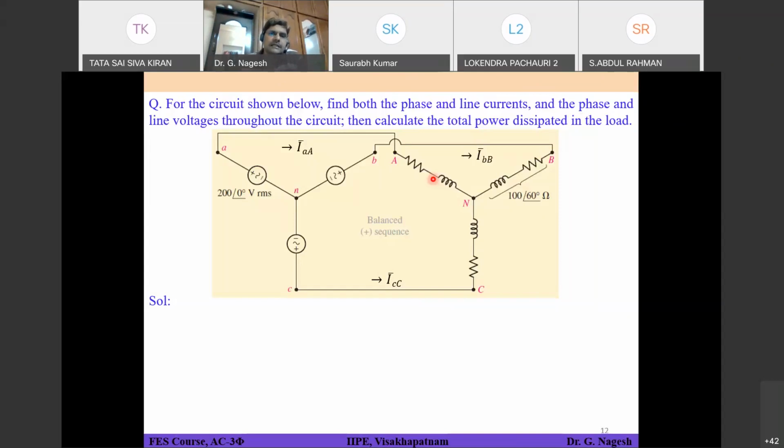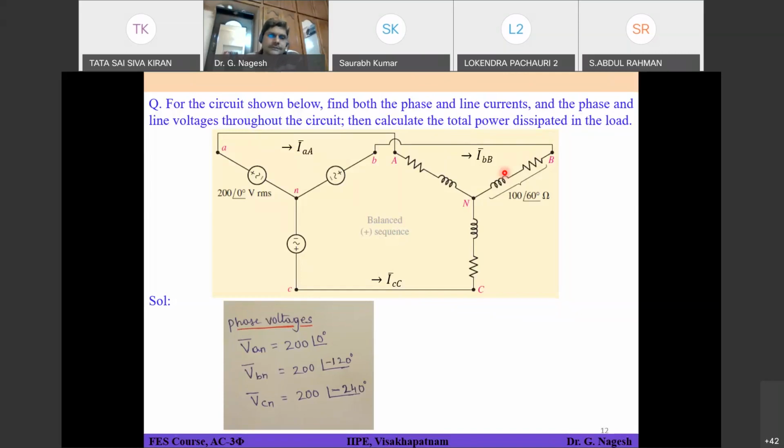So what will be IBB? 2 at the angle of minus 180. Okay, so your value seems to be correct. So let's check that.